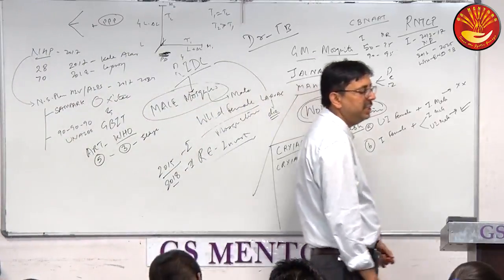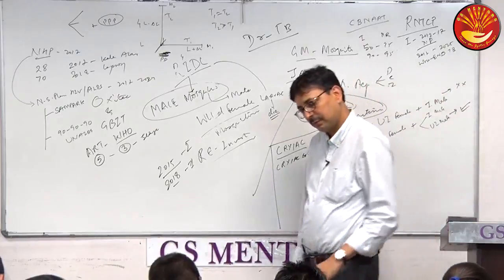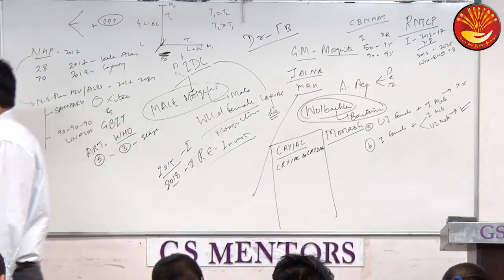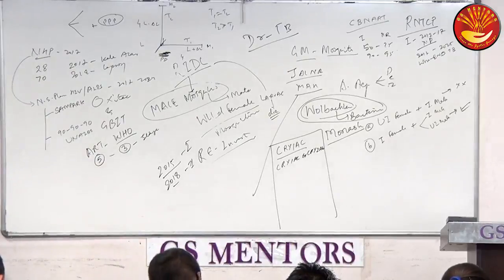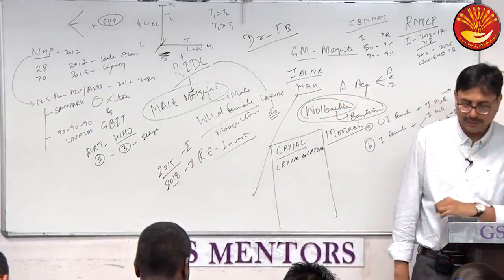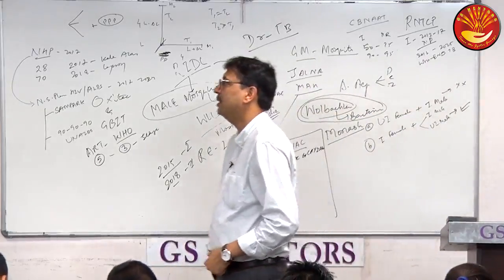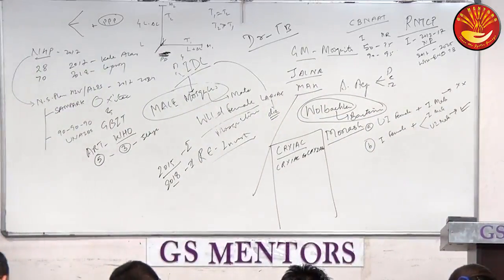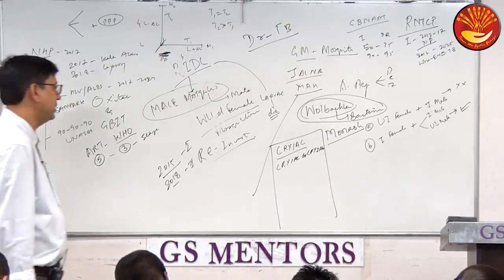Next, GSAT 19. It is India's first high throughput satellite, that is, the speed of data transmission is many times faster than the conventional GSATs.